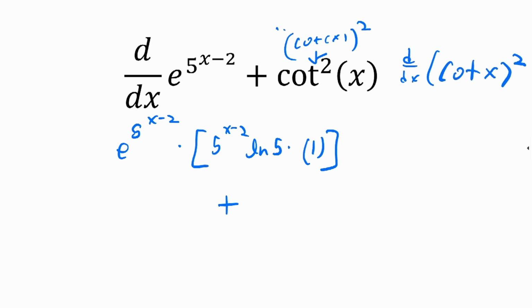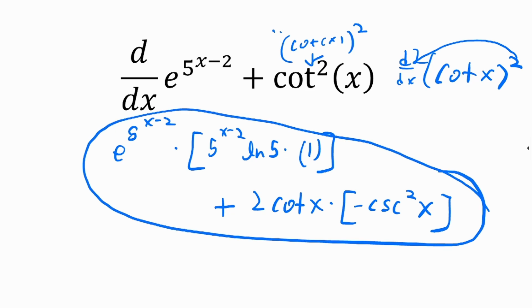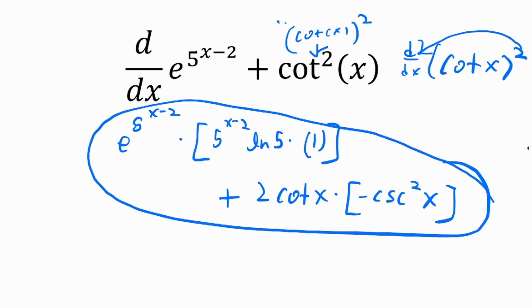So now you can kind of see how the power rule is going to be the outer thing. So it'll actually be 2 cotan of x to the 2 minus 1, which is just 1. So 2 cotan x. Chain. What is the derivative of cotan x? It's negative cosecant squared x. And there is your derivative. A little bit trickier, but still doable.